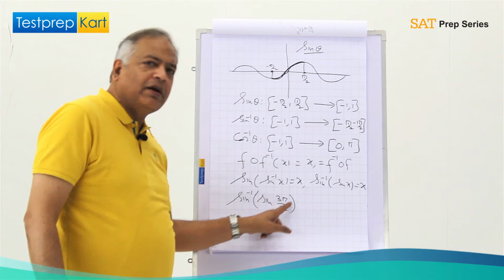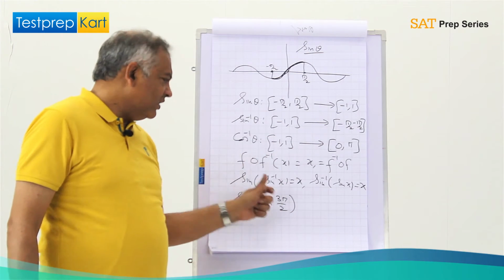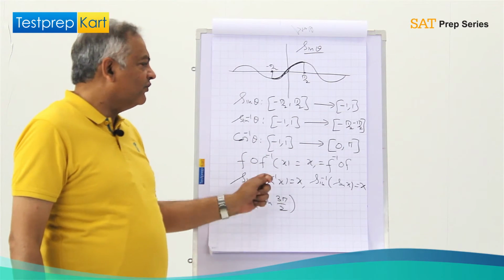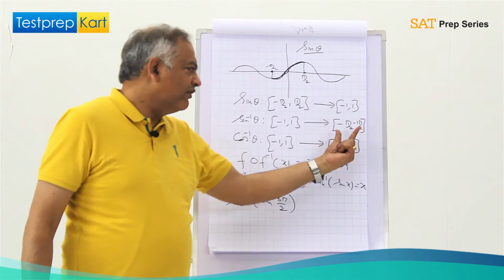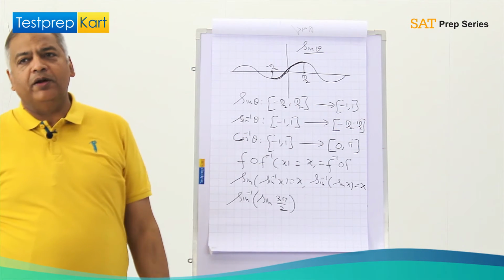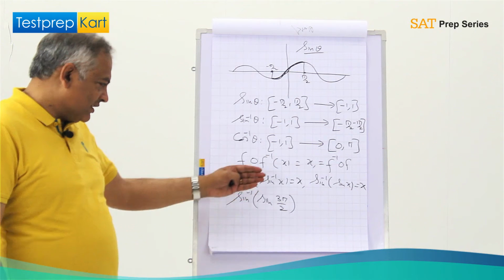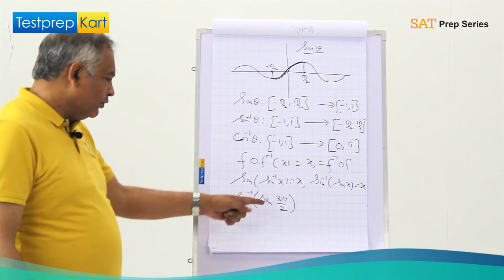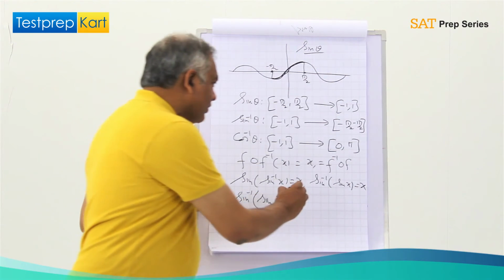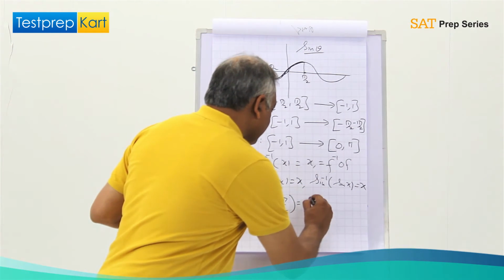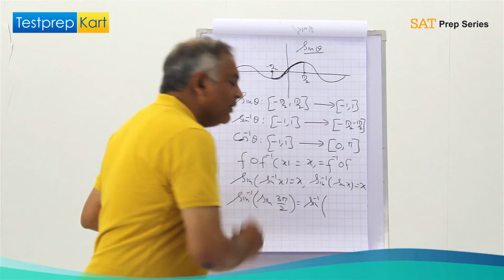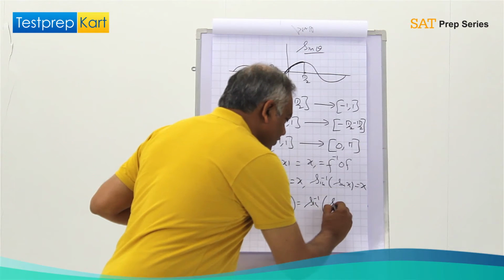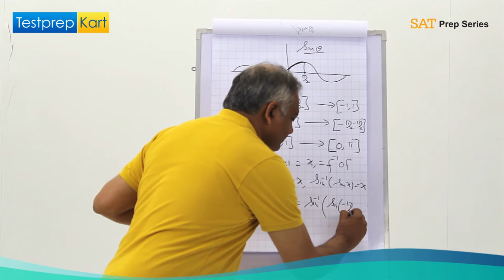First, you find out sine 3 pi by 2. Okay. And then find the value of sine inverse in such a way that the value is between negative pi by 2 and positive pi by 2. That's the trick. In fact, that says something important which one should follow. So here, what is sine inverse sine 3 pi by 2? I can write it as sine inverse of sine of negative pi by 2.